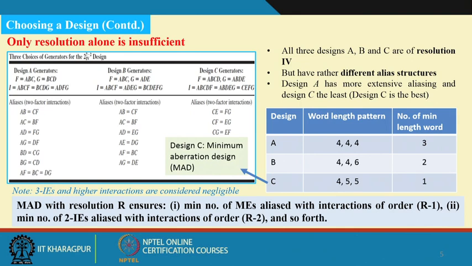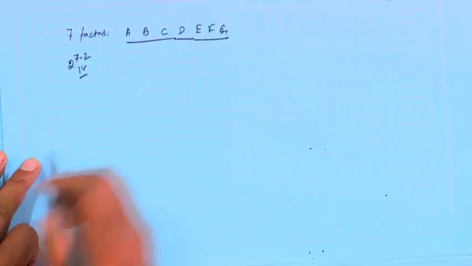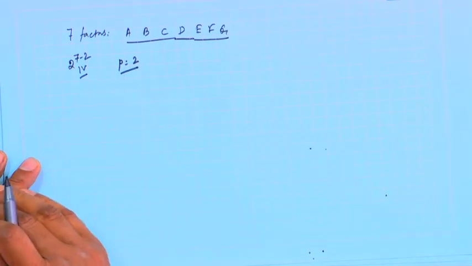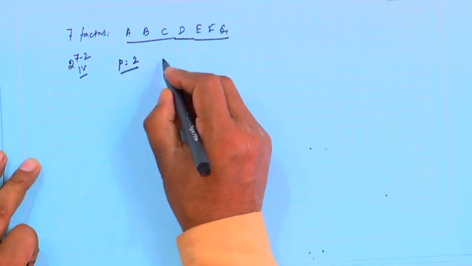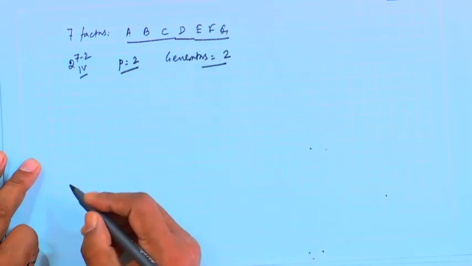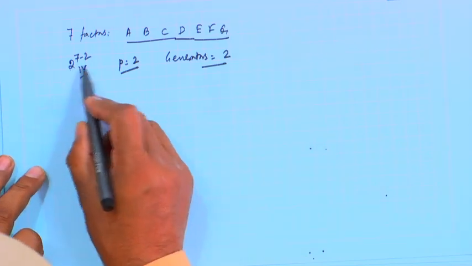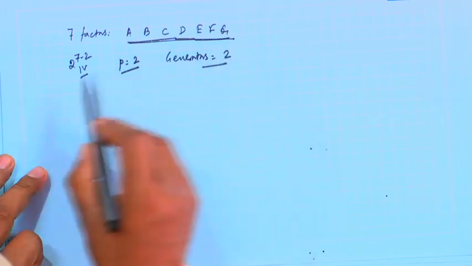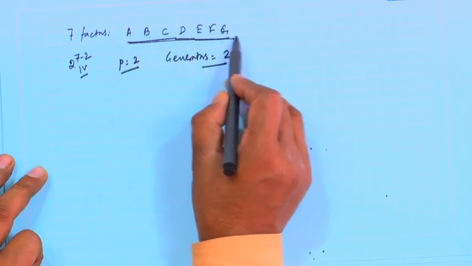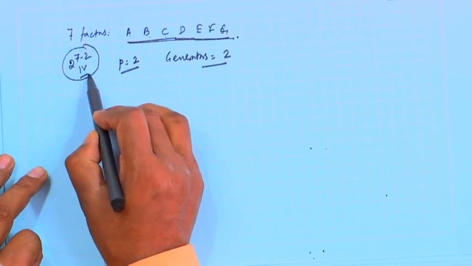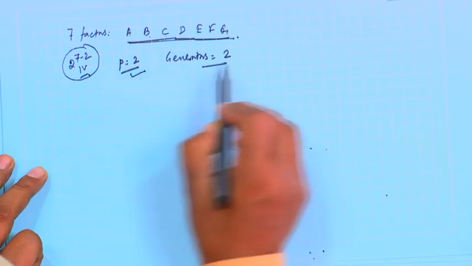So, what is the design you want to choose? 2 to the power 7 minus 2, resolution 4 design. So, 7 minus 2, what is P? P equal to 2. So, how many generators do you need? Generators needed is 2. We have 7 factors A, B, C, D, E, F and G. Our design is 2 to the power 7 minus 2, resolution 4, with 2 generators.